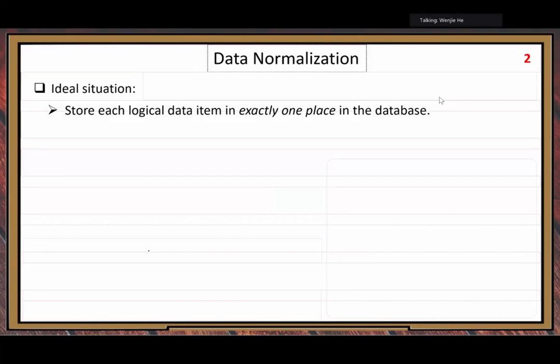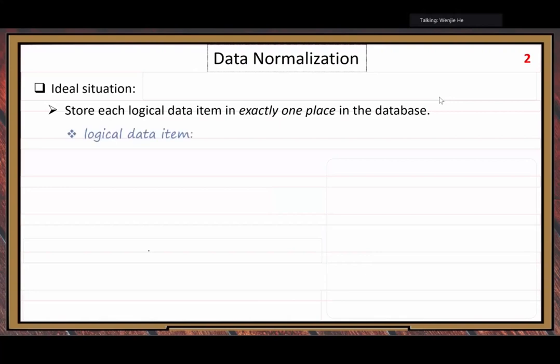That means no redundancy, no duplicate copies, only a single copy. Then when you update the data, you only need to update it in one place. Very easy. And there is no data inconsistency problem.